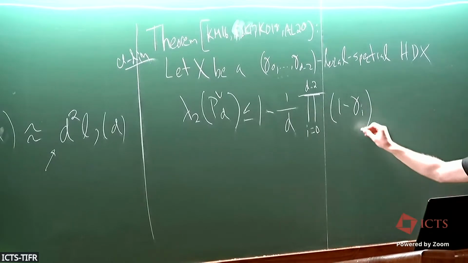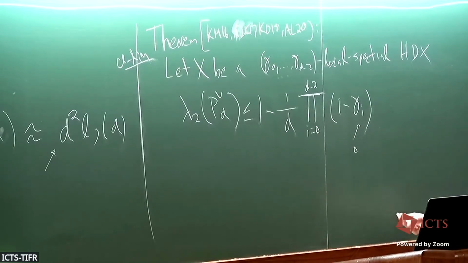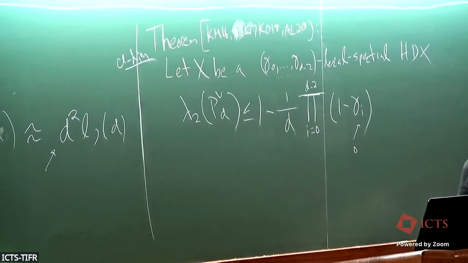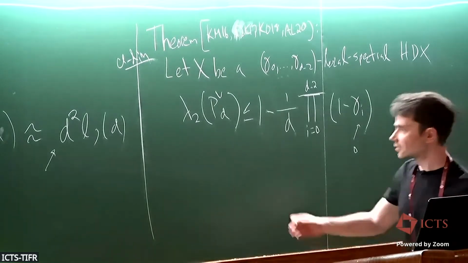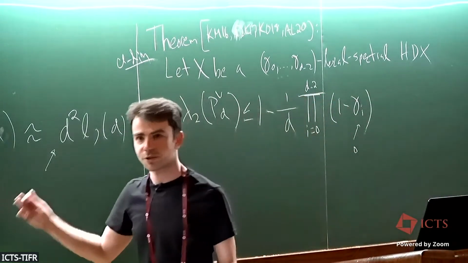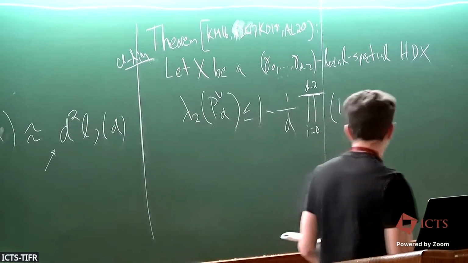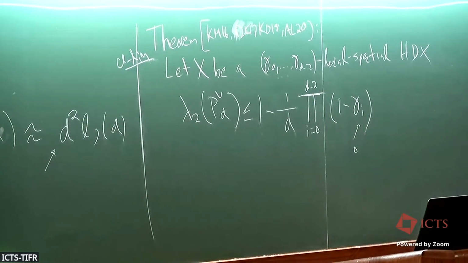So in particular, if all of these are 0, which is what a 0 local spectral expander is, you indeed get 1 minus 1 over d, which resolves the Mihail-Vazirani conjecture, gives us d squared time mixing for spanning trees, matroid bases, etc. And does much, much more, because it turns out that many systems we care about, independent sets, Ising models, etc., aren't 0 local spectral expanders.